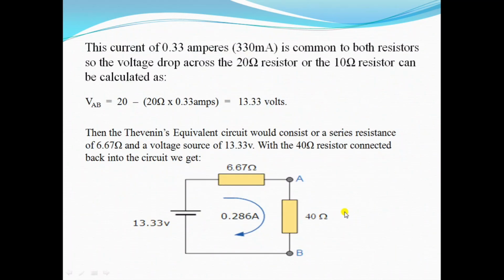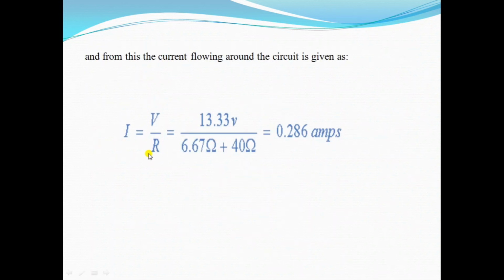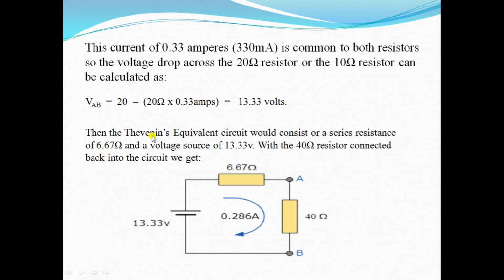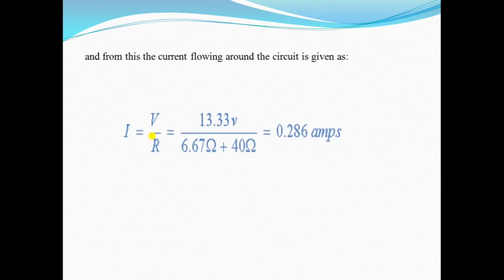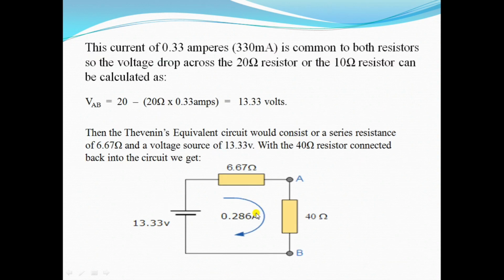Afterwards, we again find the value of current, that is I equals V by R, where V is the voltage across AB, 13.33 volt, and the resistance is 6.67 ohm plus RL, that is 40 ohm.